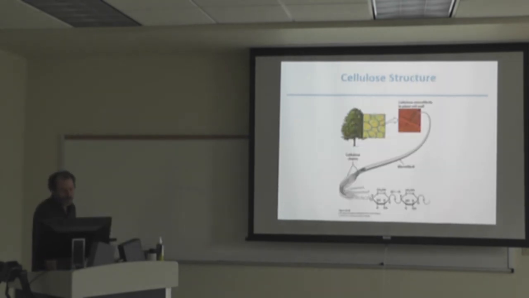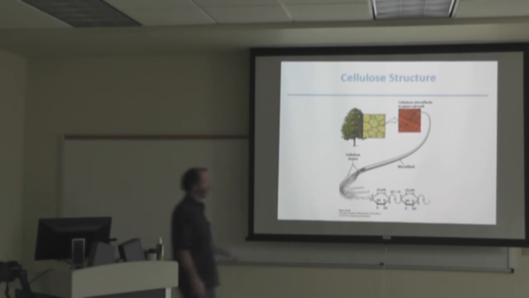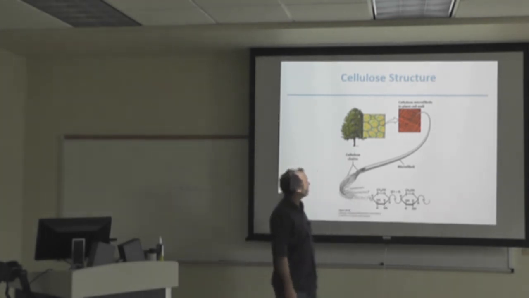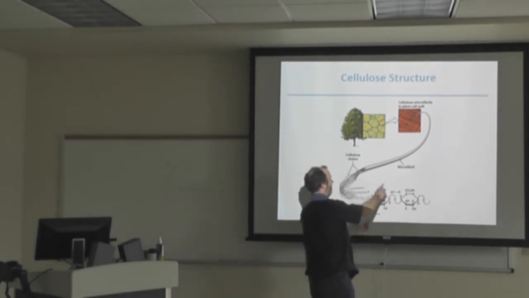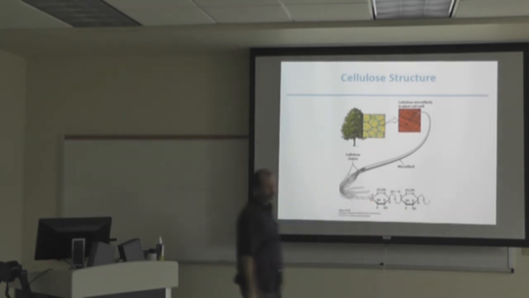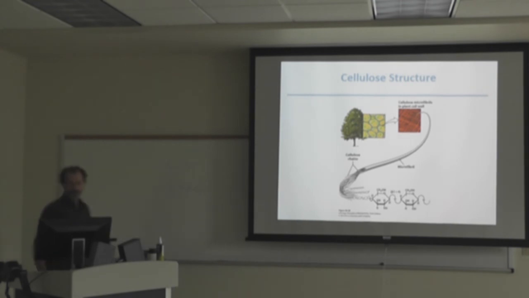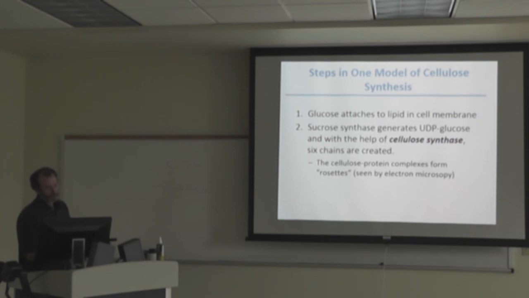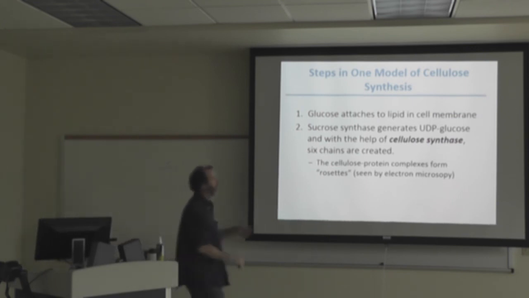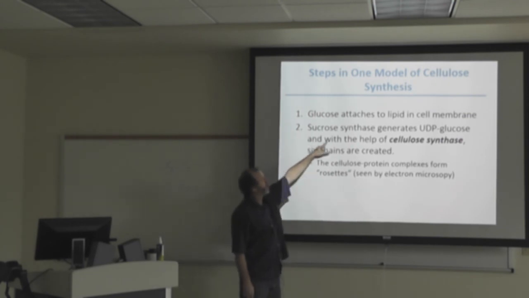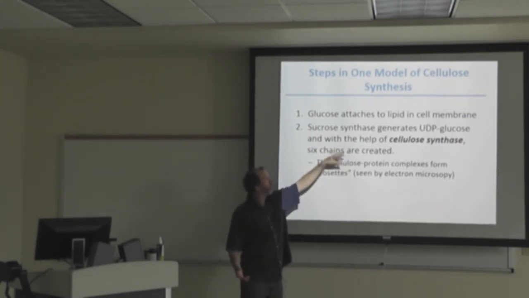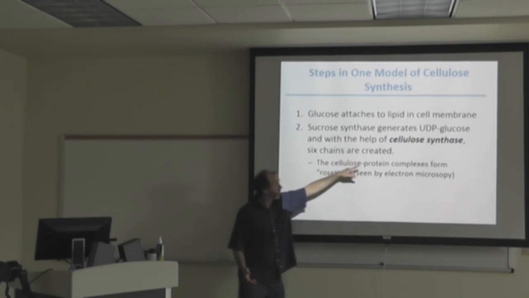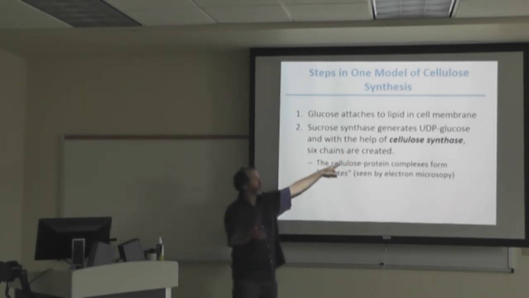And this shows you that microfibril, the beta 1 to 4 linkages of glucose that form that cellulose. And you form interchain and intrachain hydrogen bonds with all the alcohols on the sugar. So the steps in one model of cellulose synthesis: glucose attaches to the lipid in the cell membrane. Sucrose synthase generates UDP glucose, and with the help of cellulose synthase, 6 chains are created.